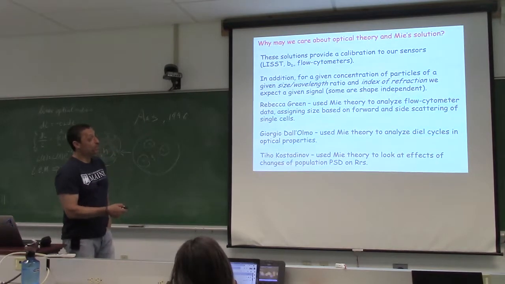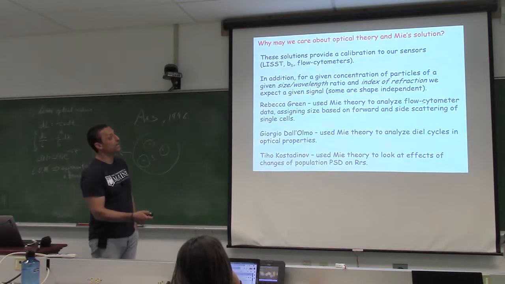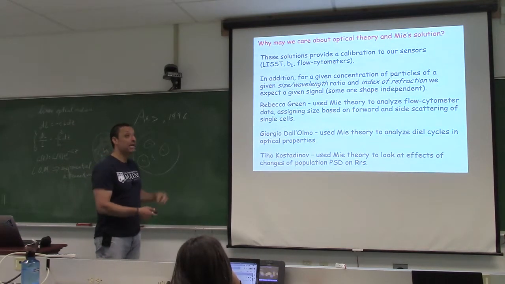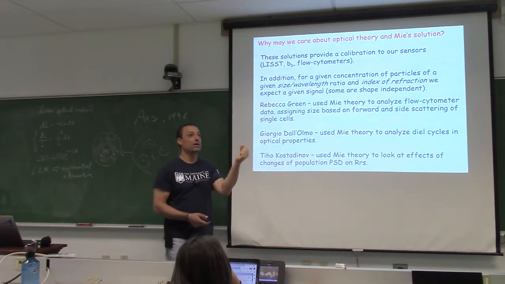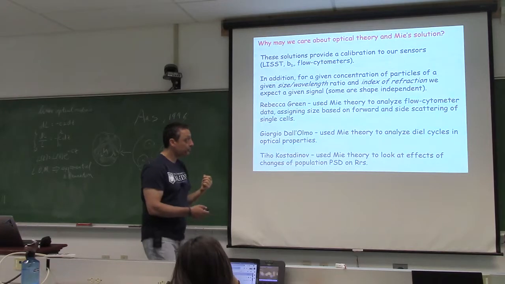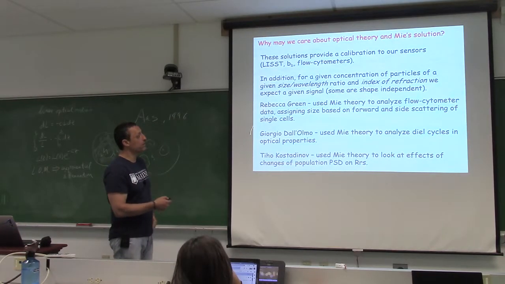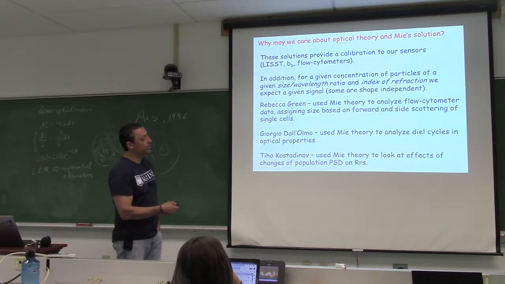There are several people that came out of this class. Rebecca Green used Mie theory in her thesis to analyze flow cytometer data and assign a size based on the forward and side scattering of beads in her flow cytometer. Joe Dalomo later on actually did it.